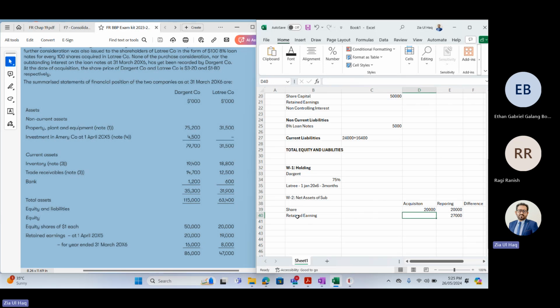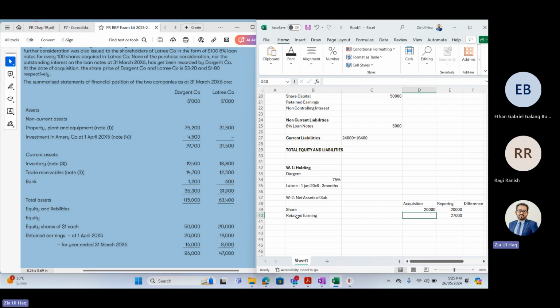At the date of acquisition, we need to know what is the profit. So 3 months are post-acqui, 9 months are pre-acqui. So out of this 8,000, how much is pre-acqui?